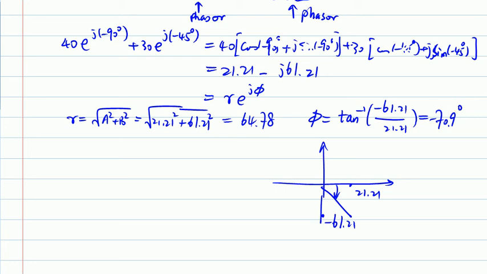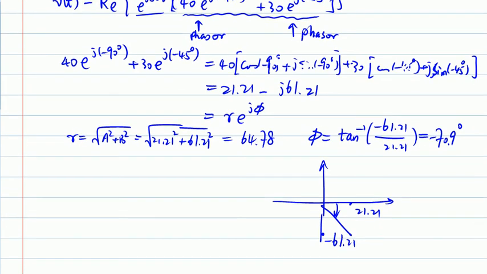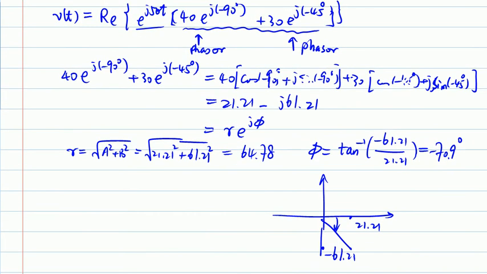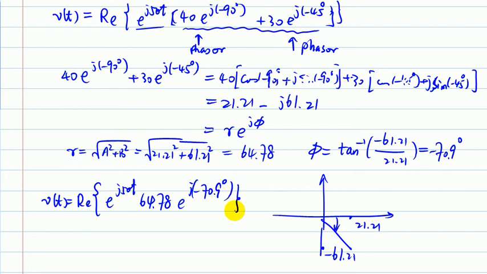So now we have theta and r, and this is the addition of the two phasors. We can move back over here. My v of t is the real part of e^(j50t) times r, which is 64.78, times e^(j phi) with phi equal to negative 70.9 degrees.